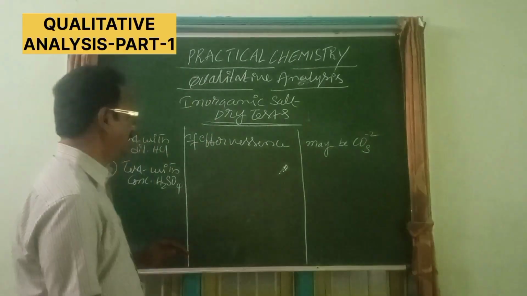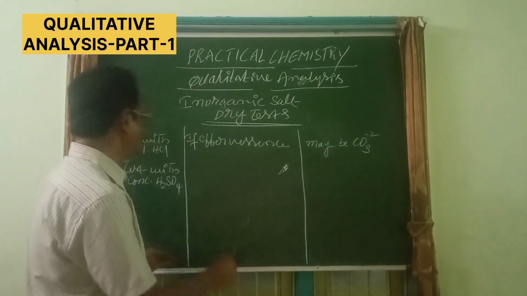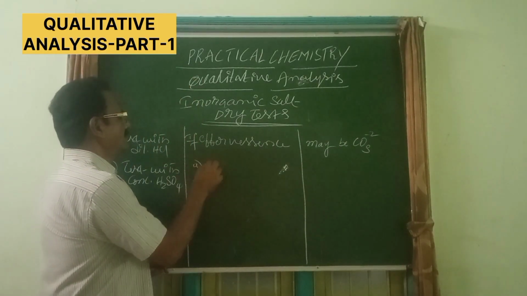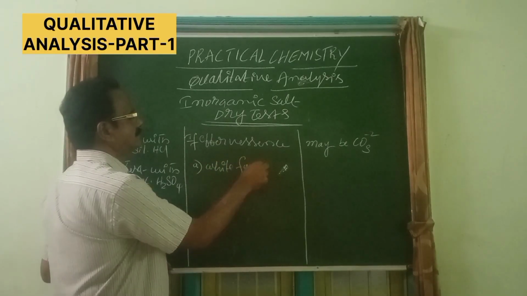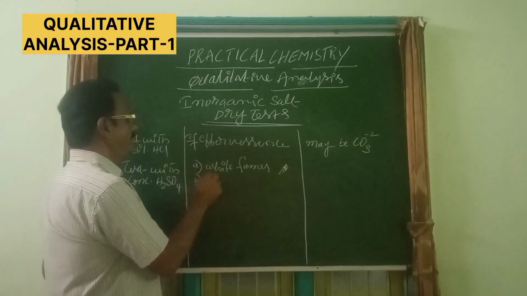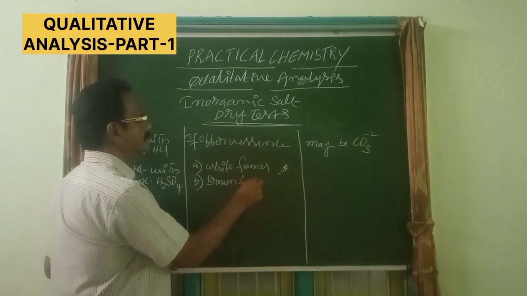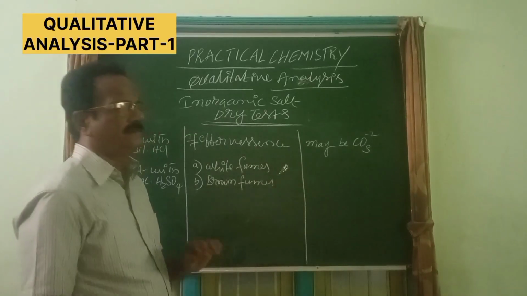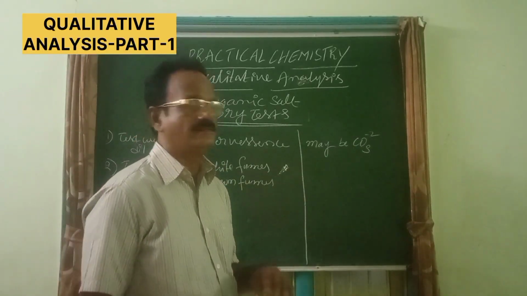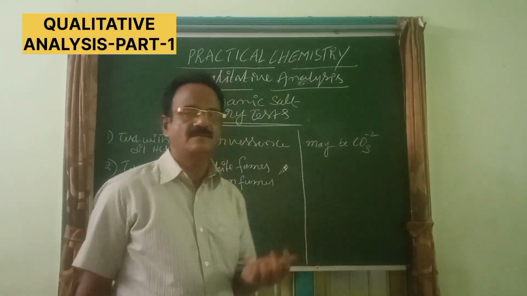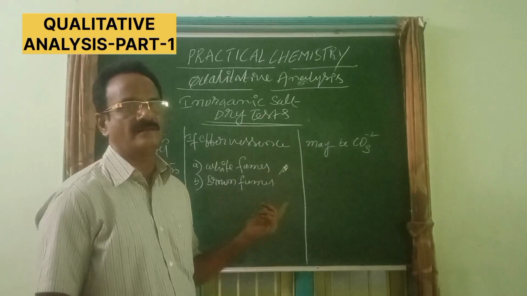Then there may be two observations: A, white fumes, B, brown fumes. These two observations will not appear at a time. Keep in mind, if there are white fumes, you cannot expect brown fumes. If there are brown fumes, you cannot expect white fumes.